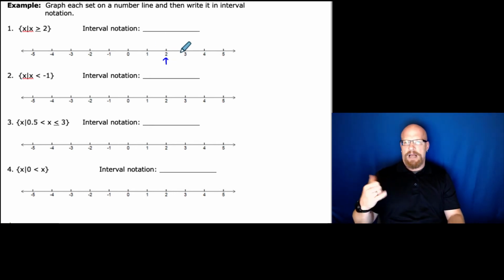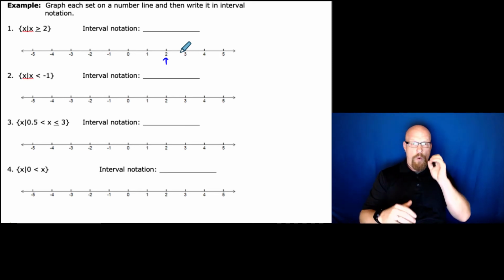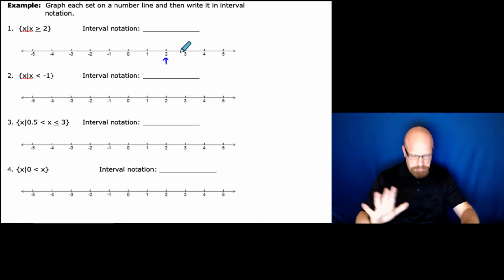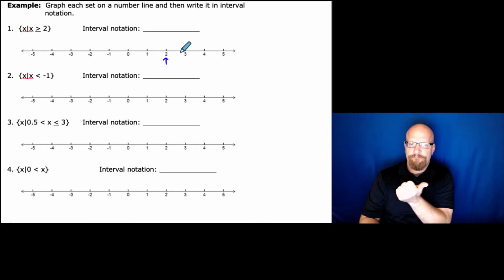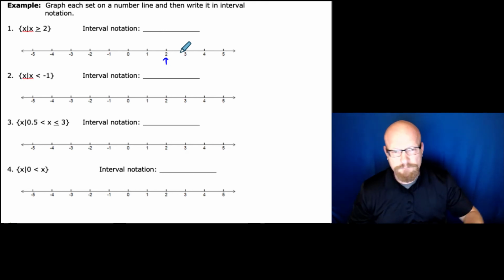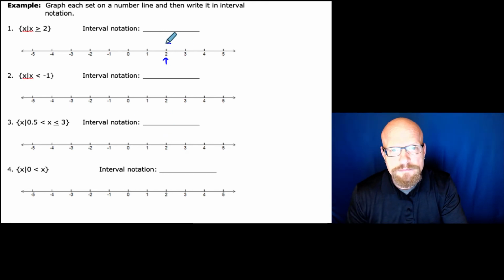All right, that's where 2 is. Now, greater than or equal to, meaning we should see a square bracket, and we want to go above 2, 2, 3, 4, 5, so it moves over to the right from 2.